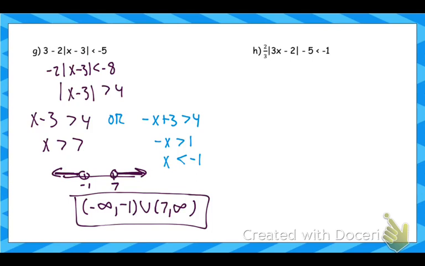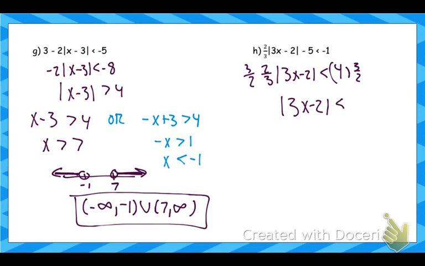All right, looking at H. Okay, get the absolute value by itself, so I'm going to multiply by 3 over 2. And now this is less than, so I'm going to set up two inequalities with an AND.